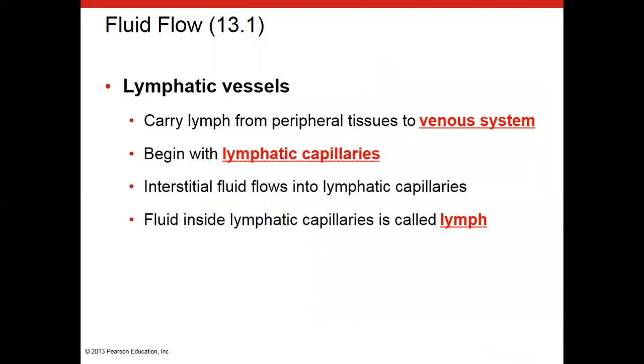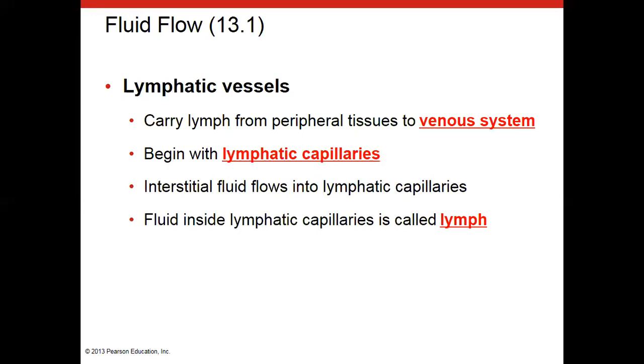Lymphatic vessels carry lymph fluid. I'm just going to call it lymph from now on, but it is a fluid. They carry lymph from peripheral tissues where it's produced. Lymph is a lot like plasma or interstitial fluid, the fluid in the tissues.